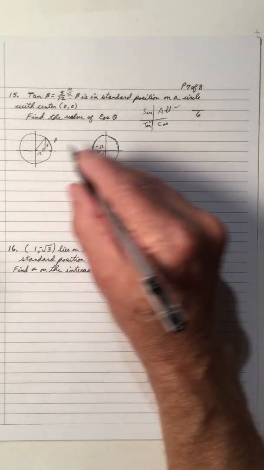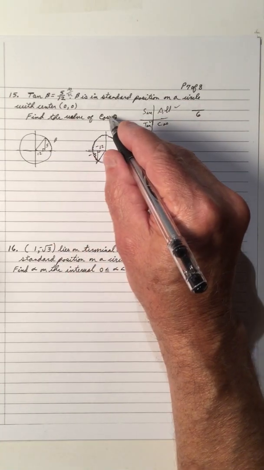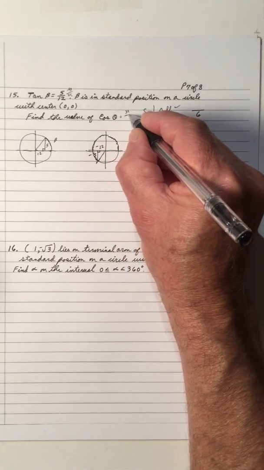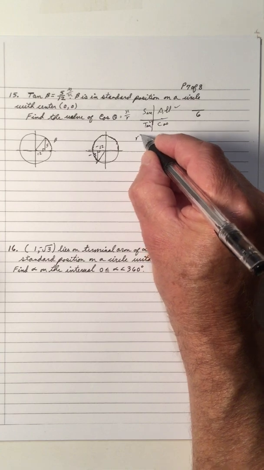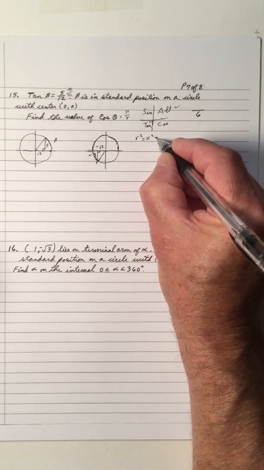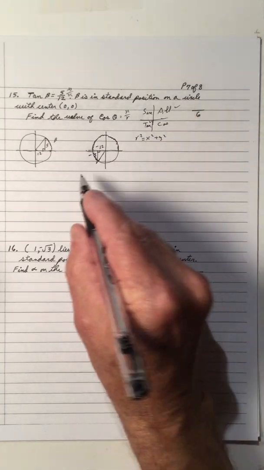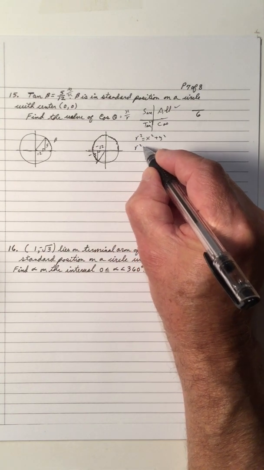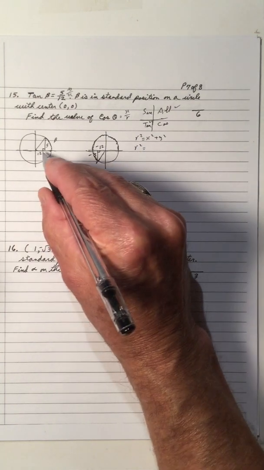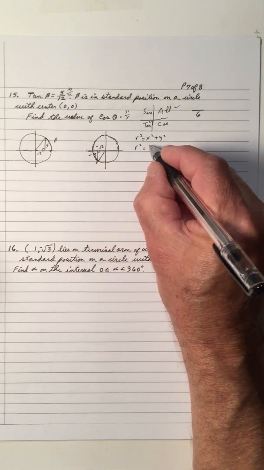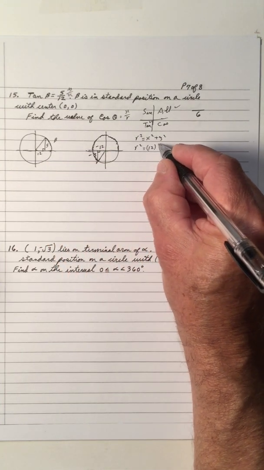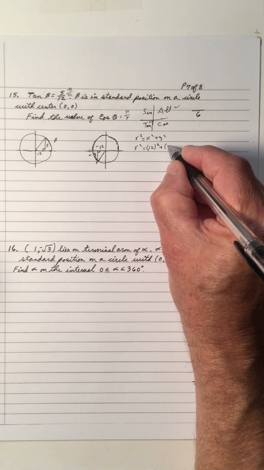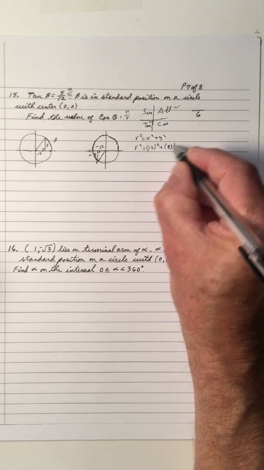So let's figure out what the radius is in order to get cos, because cos is the x over the r, so we need the radius. So r squared is x squared plus y squared. x is 12 and y is 5.